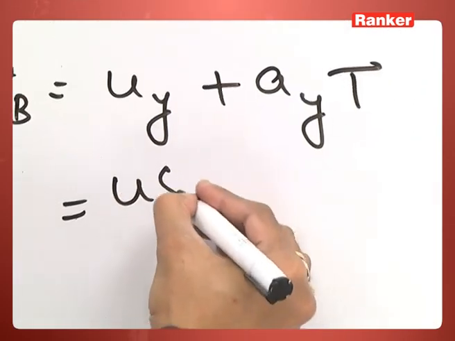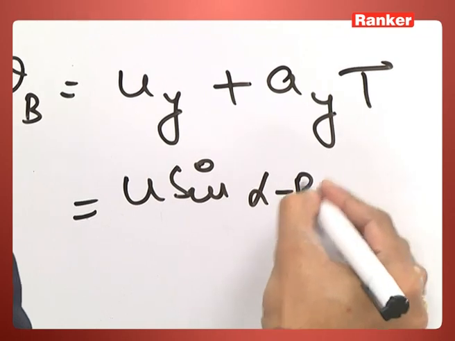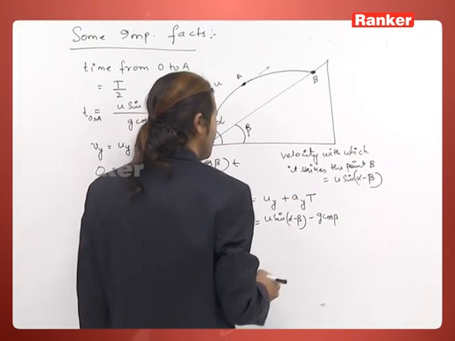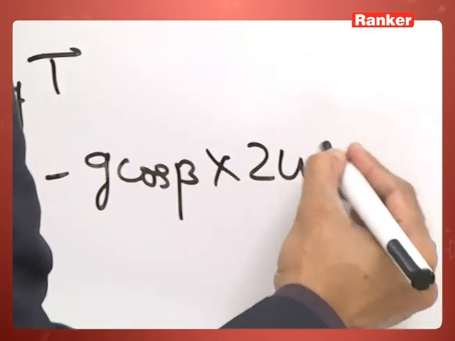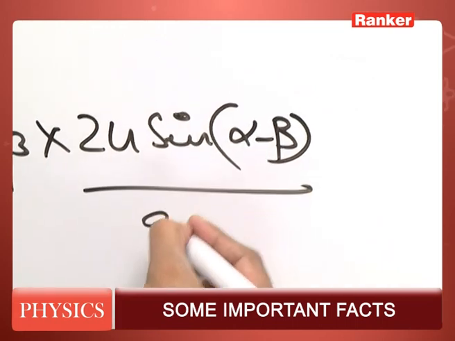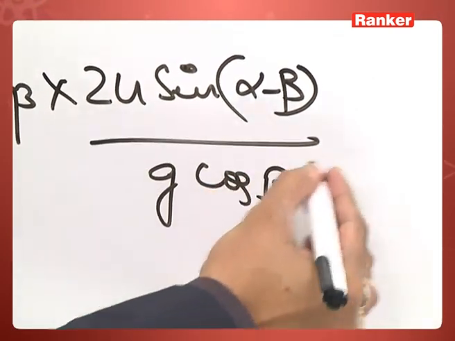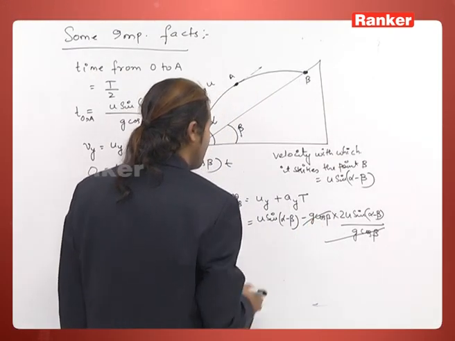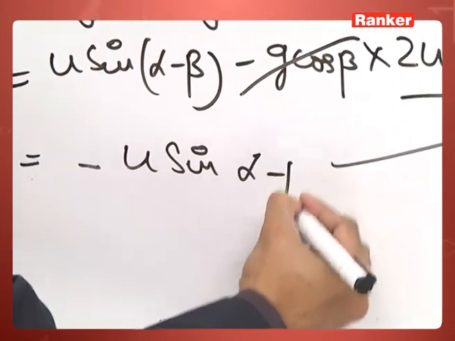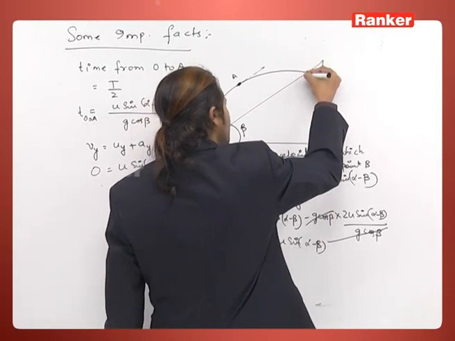Uy is u sine alpha minus beta minus g cos beta into t, where t is 2u sine alpha minus beta divided by g cos beta. So that means here the velocity is the same in magnitude.